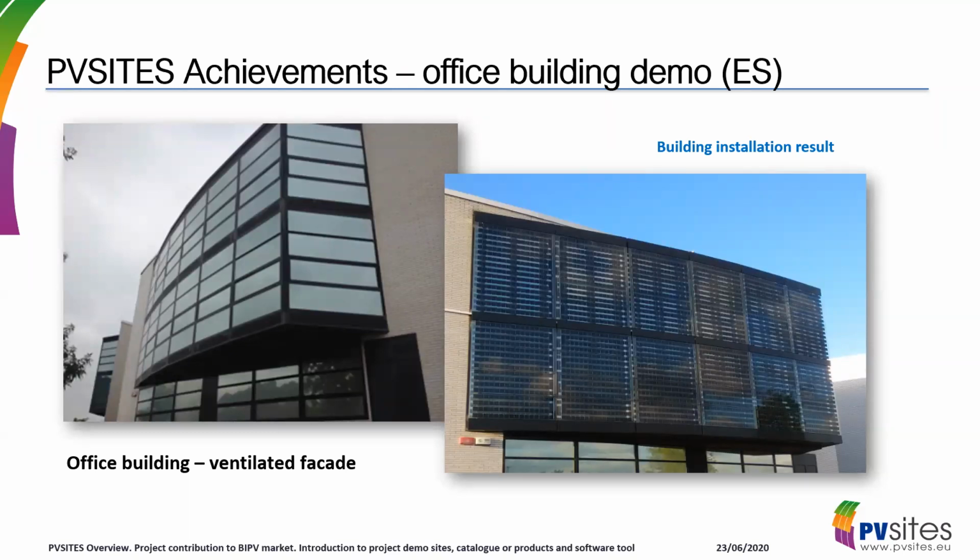We even included a filter inside the building to avoid the light. So we decided to make this ventilated facade made of crystalline silicon technology provided by Onyx, and in this way we are making this shading effect directly without adding additional elements inside the building.